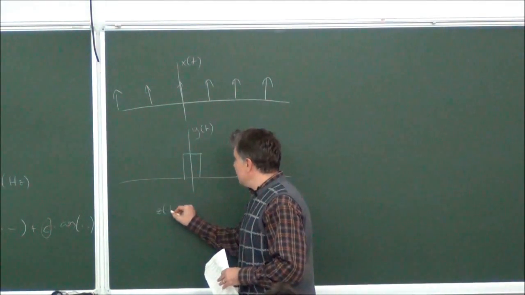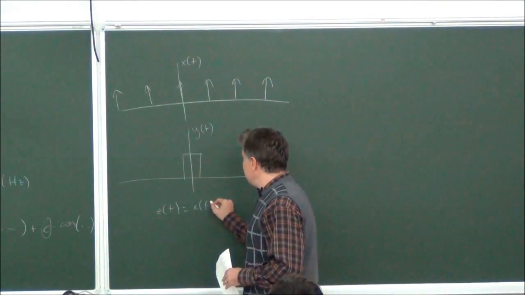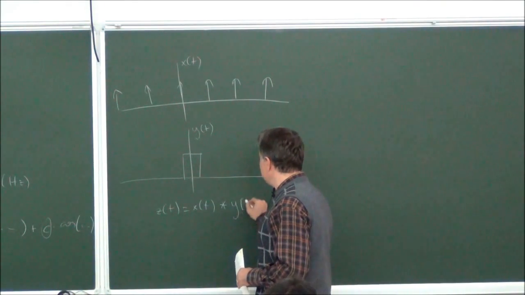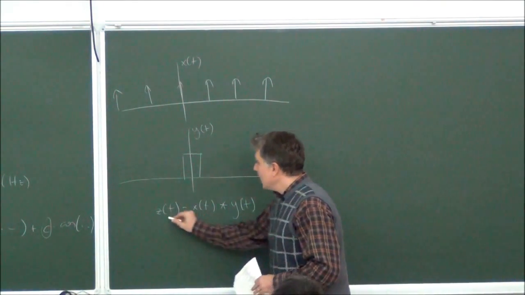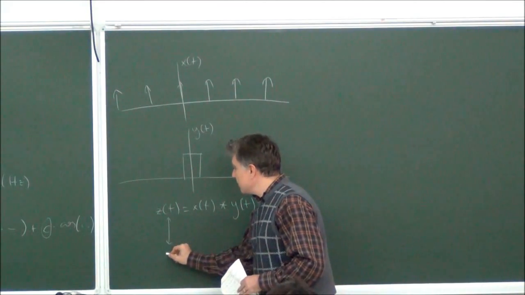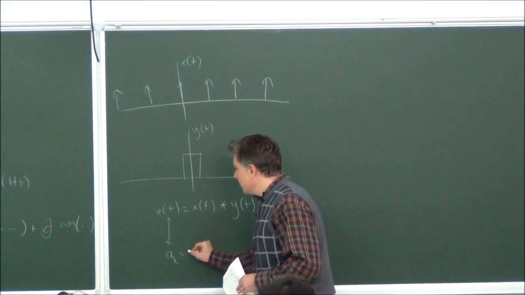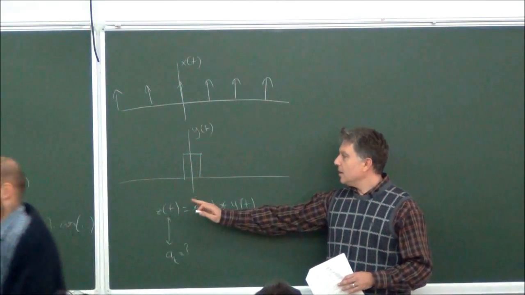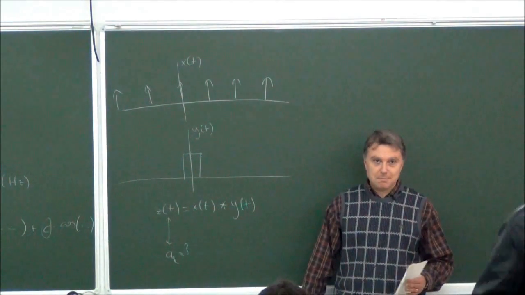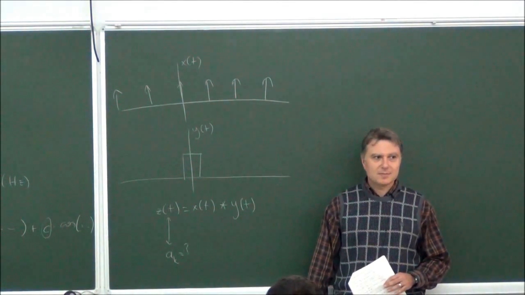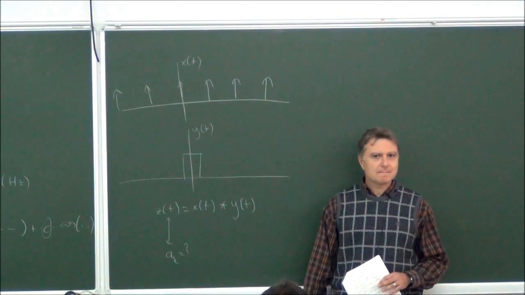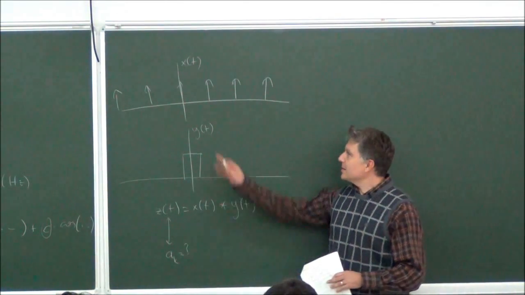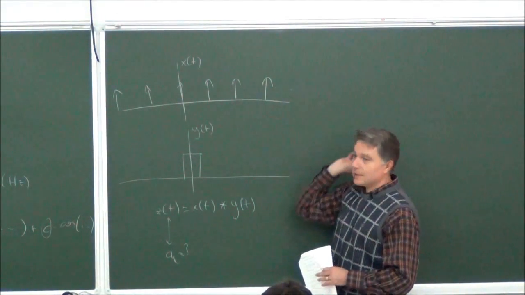And I say z of t is equal to x of t convolved with y of t. And I'm asking for the Fourier series coefficients, or the Fourier series representation, of z of t. That's the question. Does it make sense? This is an impulse train, periodic.